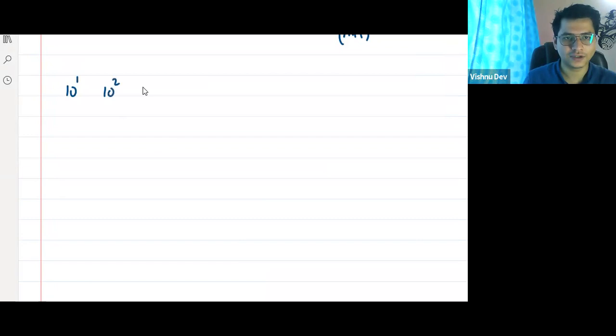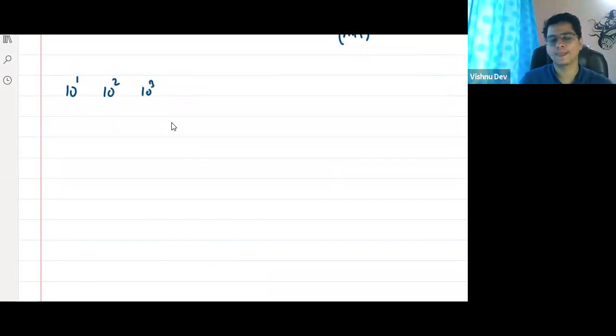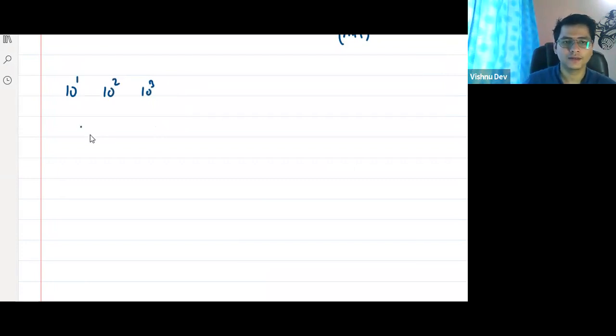For example, when we talk about powers, we have 10 to the power 1, 10 to the power 2, 10 to the power 3, and so on. If I write 10 to the power x is equal to y, can I convert this into log?